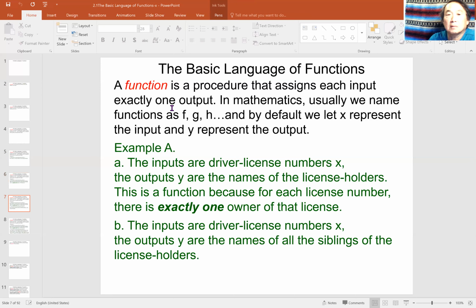On the other hand, if a procedure took the license number and pulled out all the people related to the license holder, all the siblings, cousins, and uncles, the whole batch of them, then it's not exactly one output, it's multiple outputs for that single input. So this procedure we do not consider a function. This procedure is more complicated. A function is very simple: one input, one output.